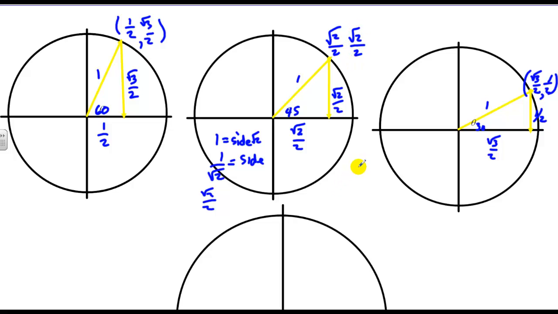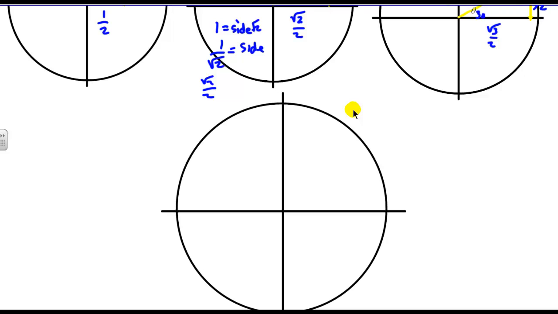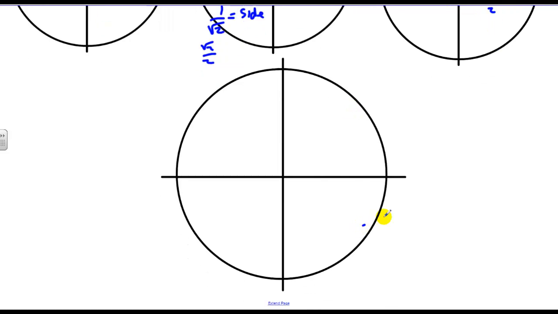Alright, so now that I've established 3 points for some special triangles, let's put these all on the same circle. And if I know that for a 30-degree angle, which is also pi over 6 in radian measure, I have coordinates of root 3 over 2 and a half.